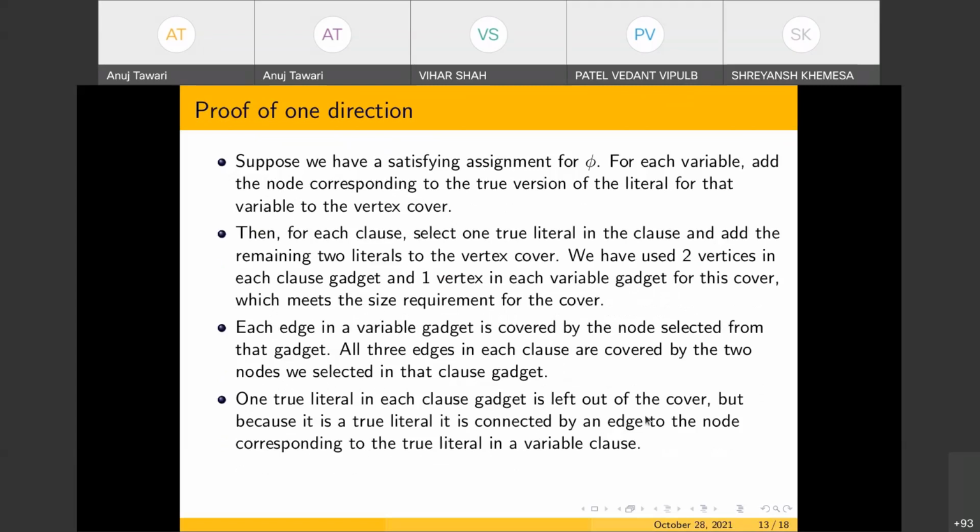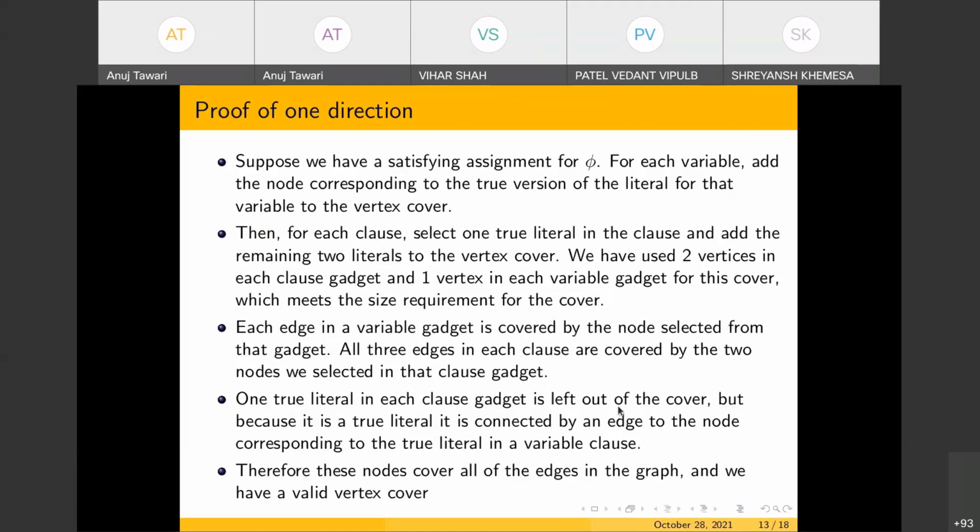And one true literal in each clause gadget is left out of the cover, but because it is a true literal, it will be connected by an edge to the node corresponding to a true literal in a variable clause. Therefore, these nodes cover all the edges in the graph and we have a valid vertex cover. So any questions in this proof?